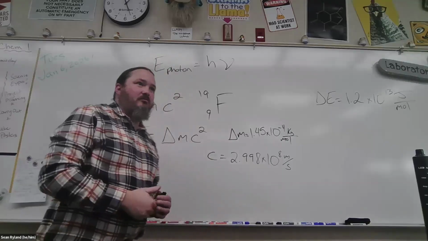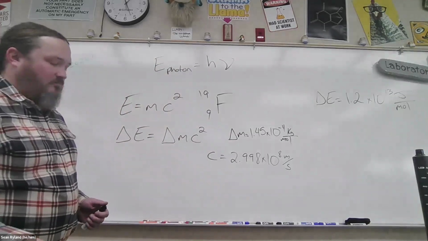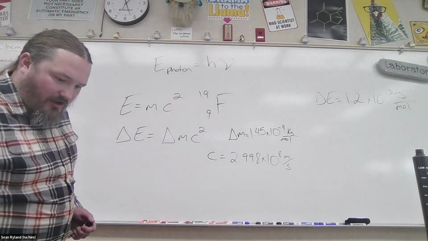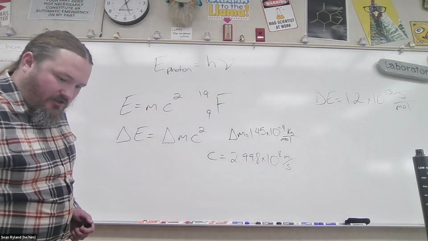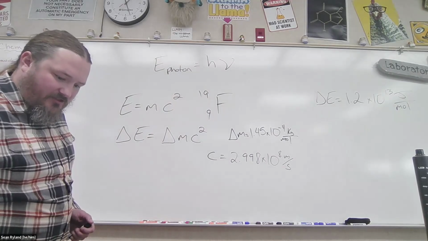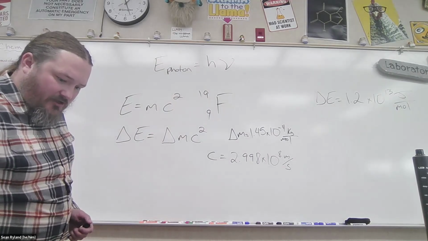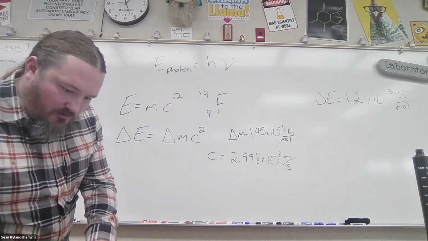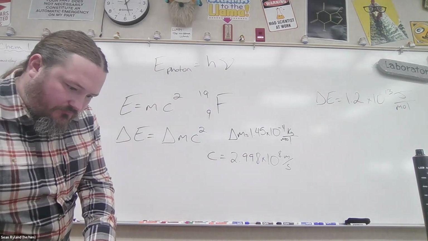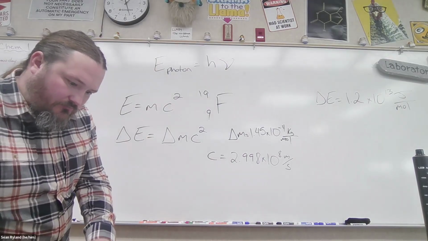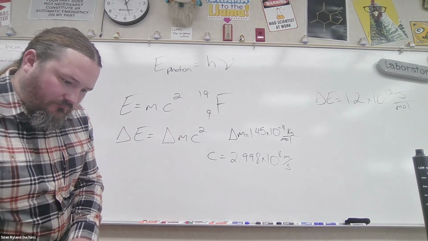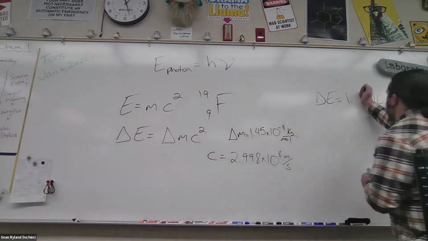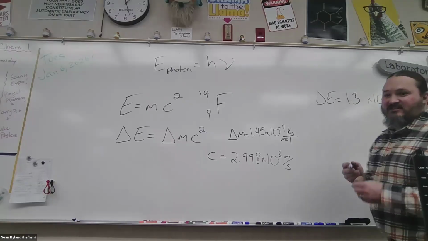Ish. 1.45 e to the minus 4 times 2.998 e to the 8 squared. 1.3 times 10 to the 13. Like I said, rusty.